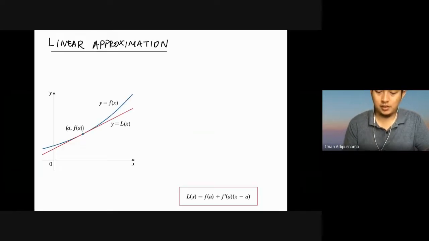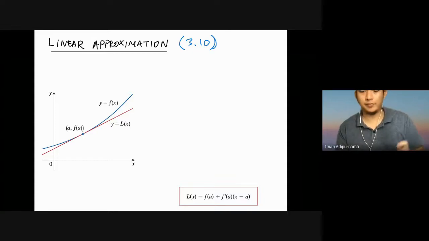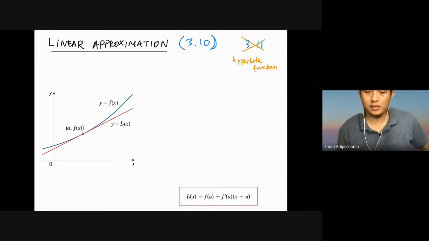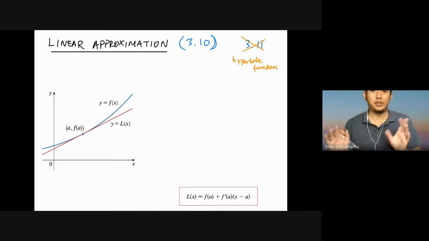This is in 3.10. If you check the textbook, it's 3.10. And by the way, we have 3.11, but we will skip this. This is the hyperbolic function. I hope you can study by yourself, but I will not include it in this semester.